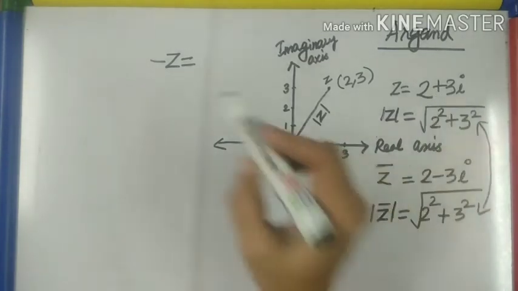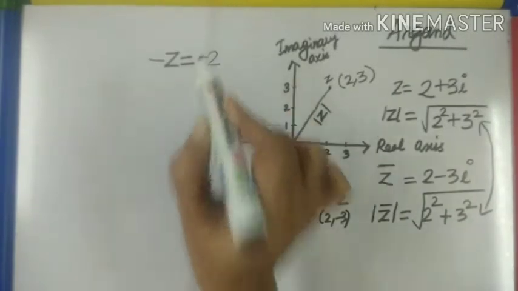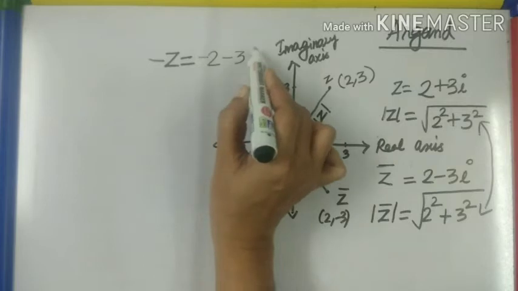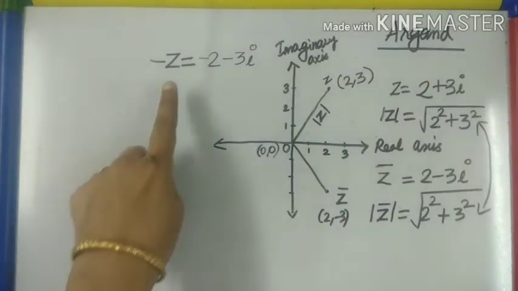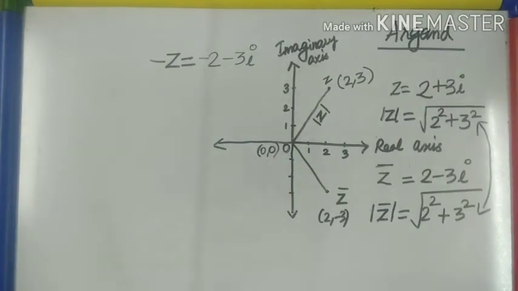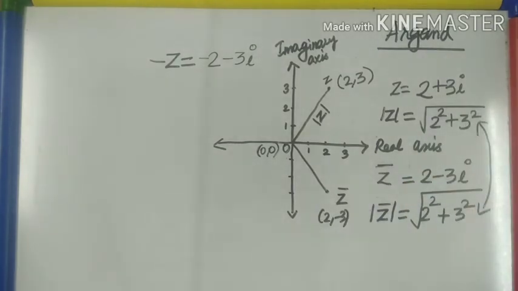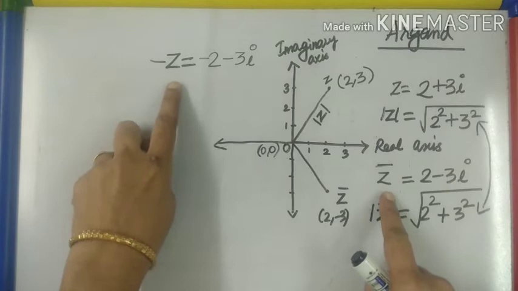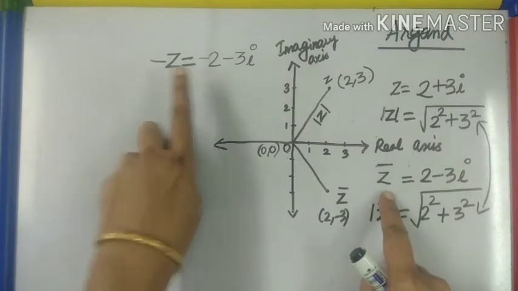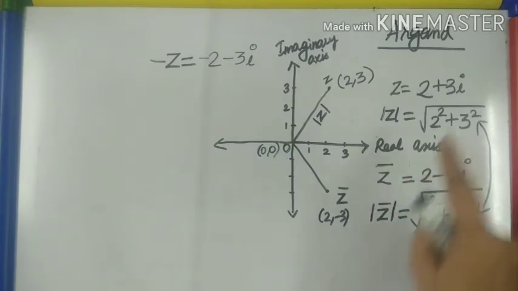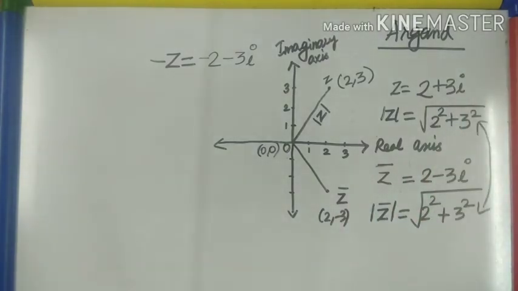So plus 2 means I write minus 2, plus 3i means I write minus 3i. So this is yet another notation to remember. The negative of z means change the symbol of real part and imaginary part. Are these two equal? Minus z, change both the symbols. Z bar means change the symbol of imaginary alone.